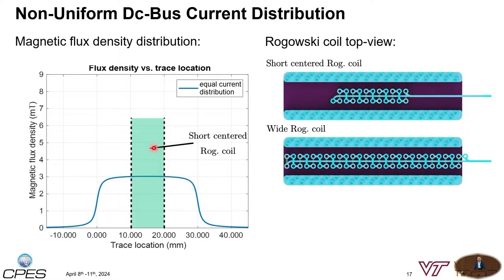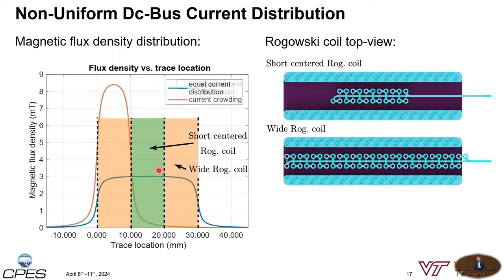There, a short-centered Rogowski coil as well as a wide Rogowski coil would be able to measure the flux density change nicely. What can happen is that the current is not equally distributed within the DC bus itself. The same current could be crowded in the left third of the DC bus. If we then look at the area where we have the short-centered Rogowski coil, we see that there's only a small flux density within that area, meaning that the Rogowski coil would not measure the correct current.